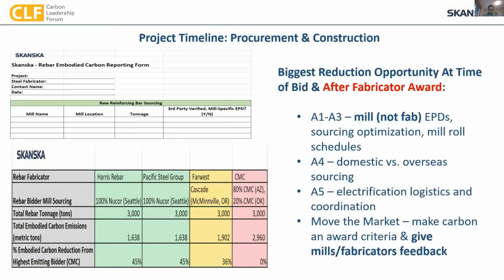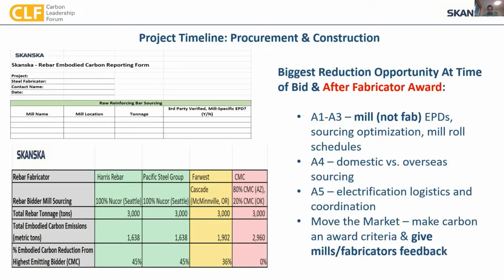Meanwhile, we had two other fabricators sourcing from Oregon, Arizona, even Oklahoma. With all that information in EC3, we were able to determine at time of bid what our spread looks like. We were able to communicate this to our client and say, in this case, one of the fabricators sourcing from Nucor was also the low bid. So it was a no-brainer.